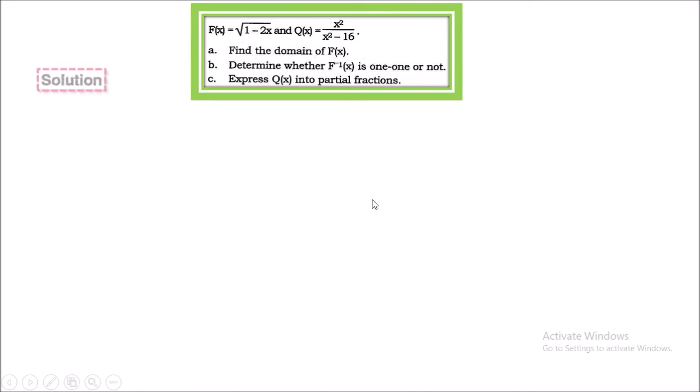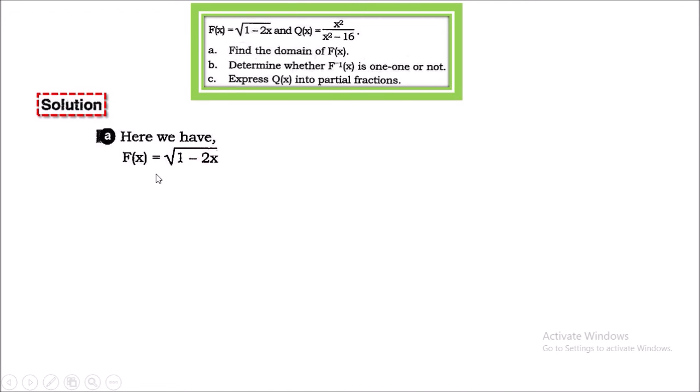So here is the question number A that we are going to solve. Here we have f(x) = √(1 − 2x). Now f(x) will belong to R if and only if 1 − 2x ≥ 0.